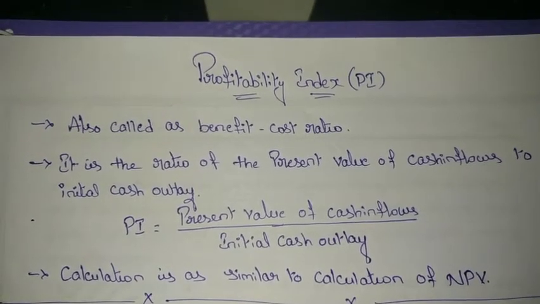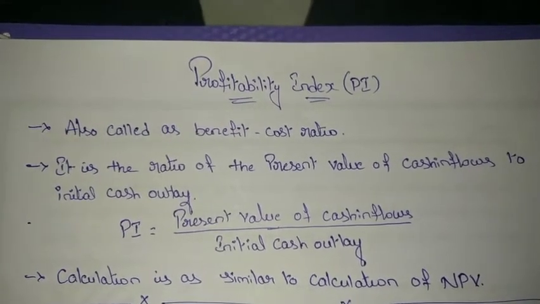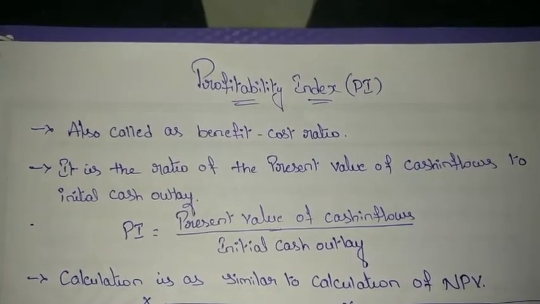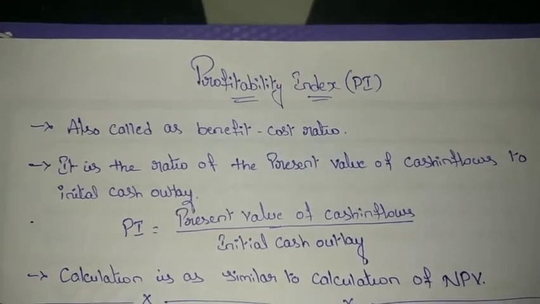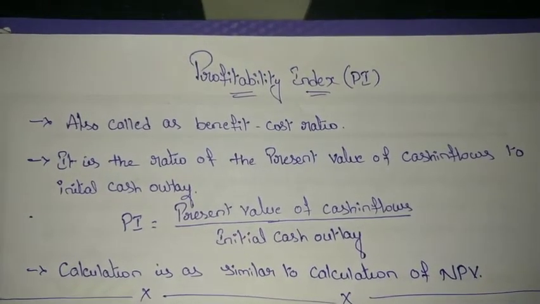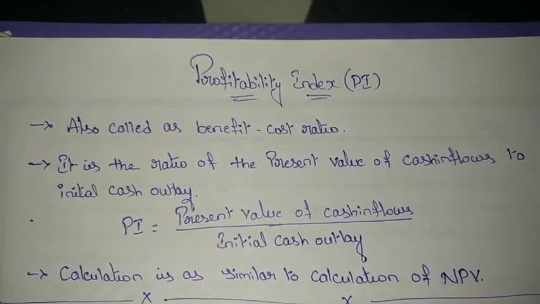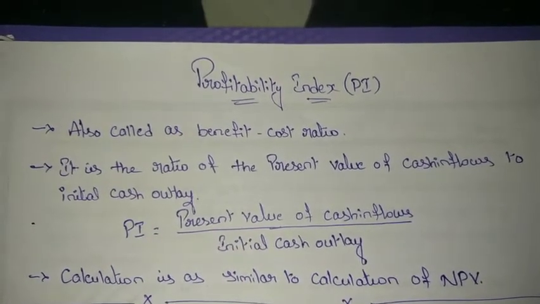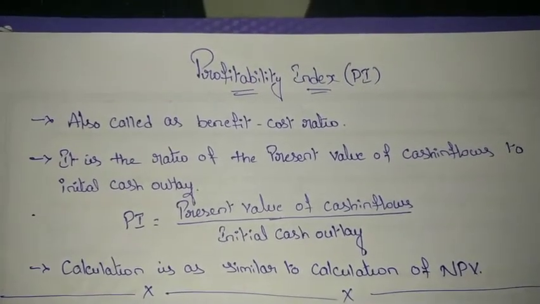It is also called the benefit cost ratio, and we can define profitability index as the ratio of present value of cash inflows to the initial cash outflow. Here we will consider present value of cash inflows and initial investment for the calculation of profitability index.